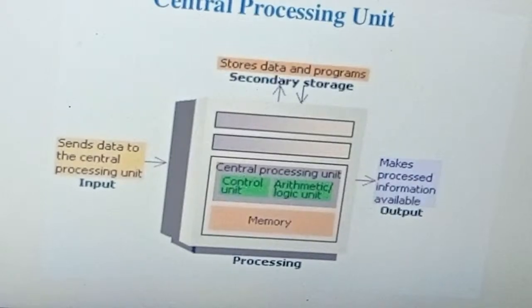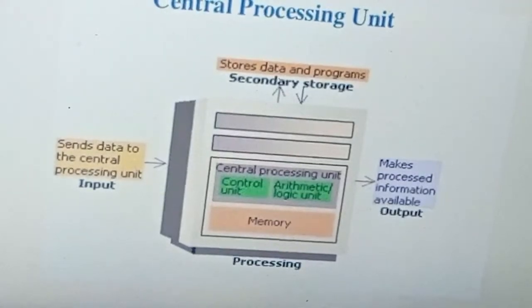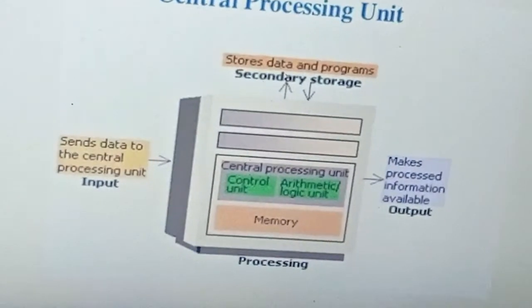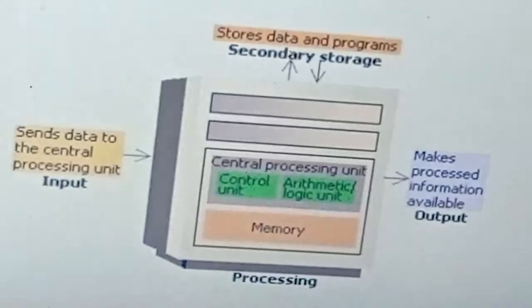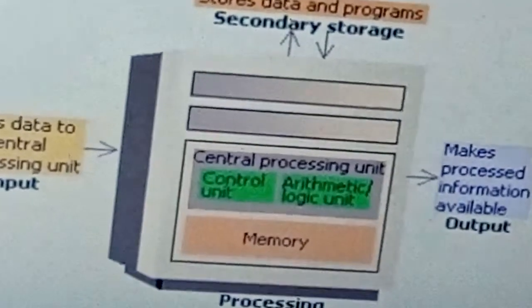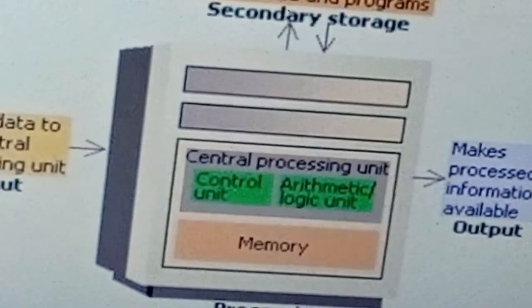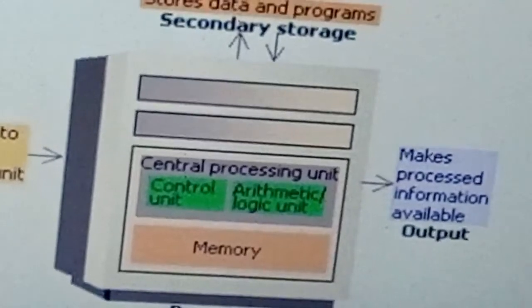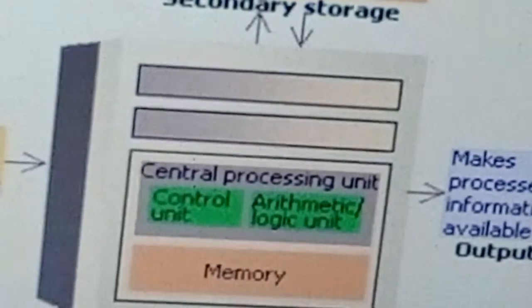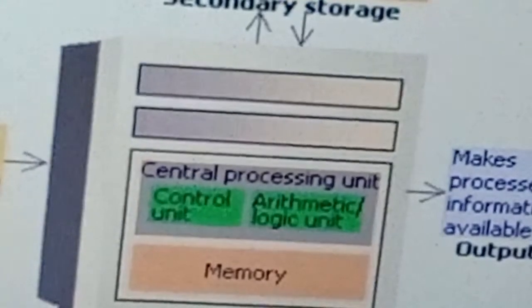Now coming to the memory. Here we have two types of memory: primary memory and secondary memory.